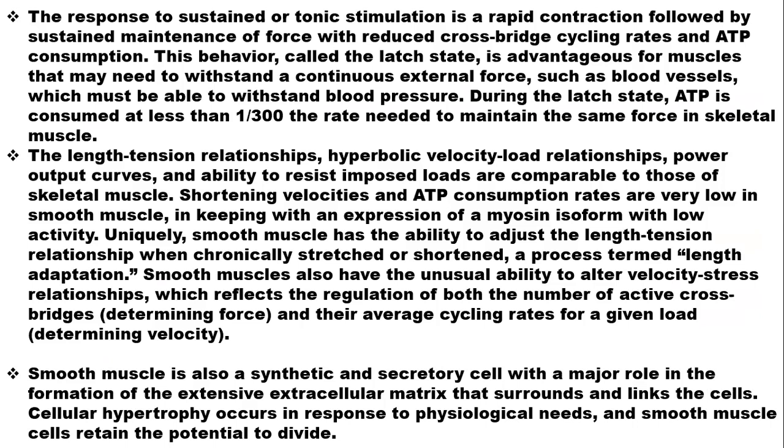This behavior is called the latch state. It is advantageous for muscles that need to withstand continuous external force, such as blood vessels, which must be able to withstand the blood pressure.